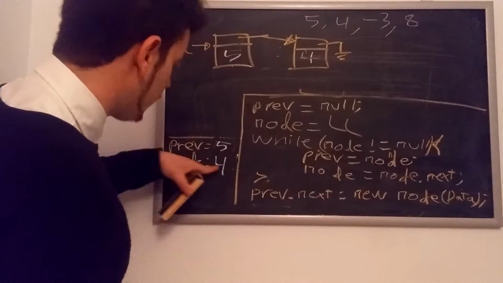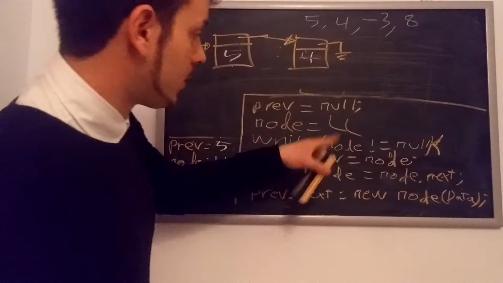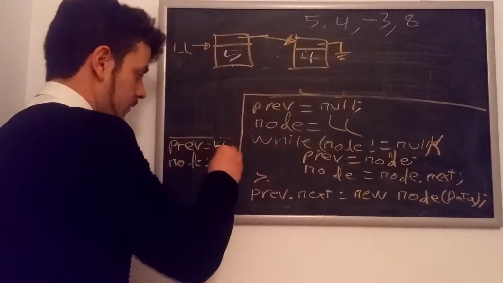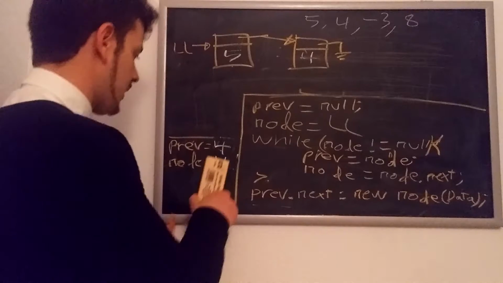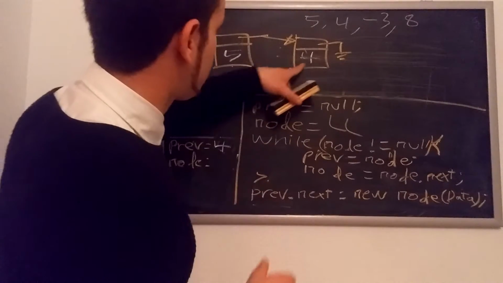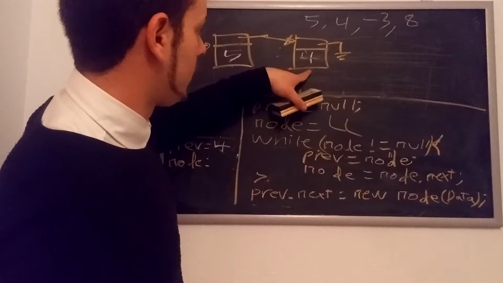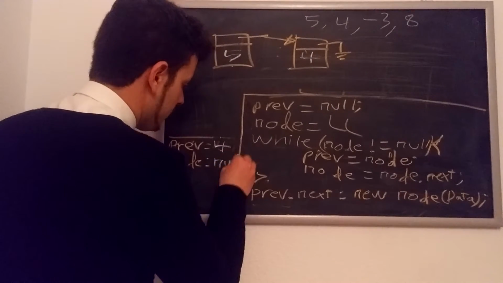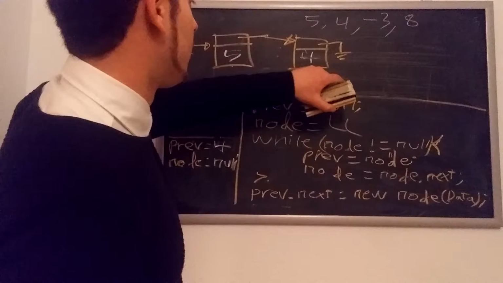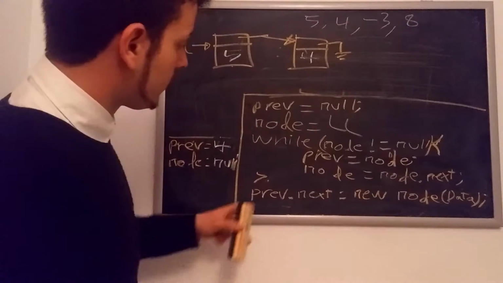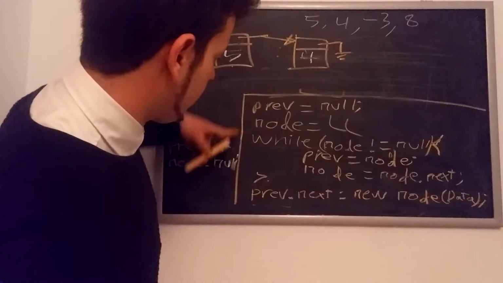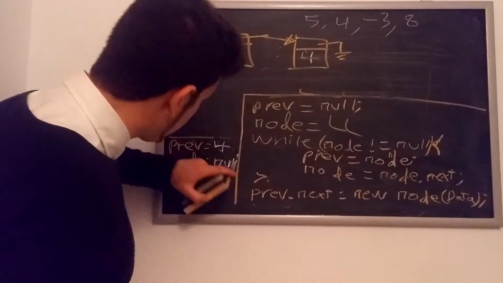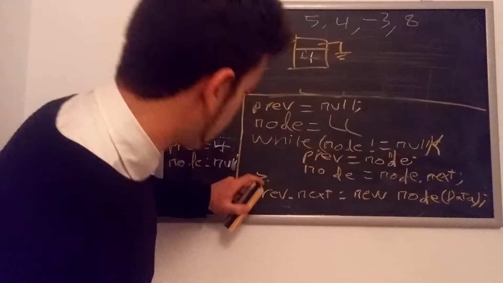Node is different from null, so we do prev equals node, and node equals node next. The next pointer of this node is null. There is no element beyond this node. So we reevaluate the condition: node is equal to null, so we don't execute the while loop.